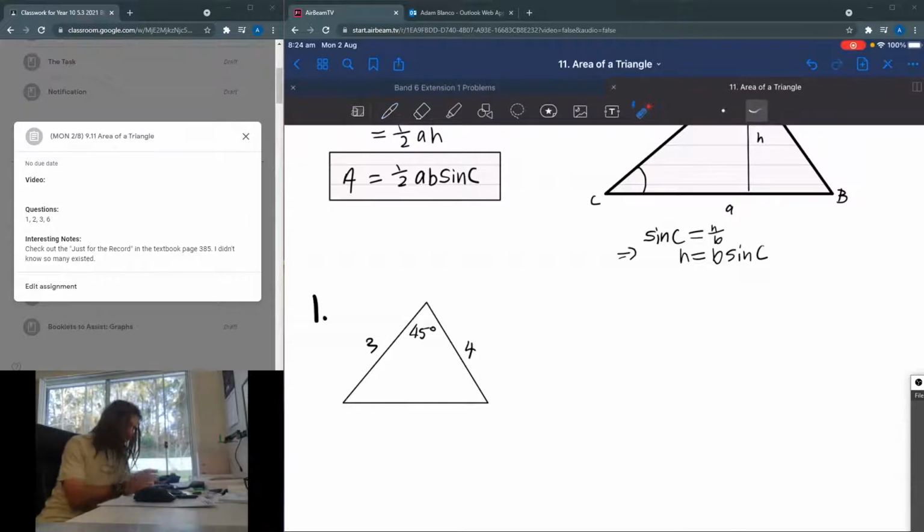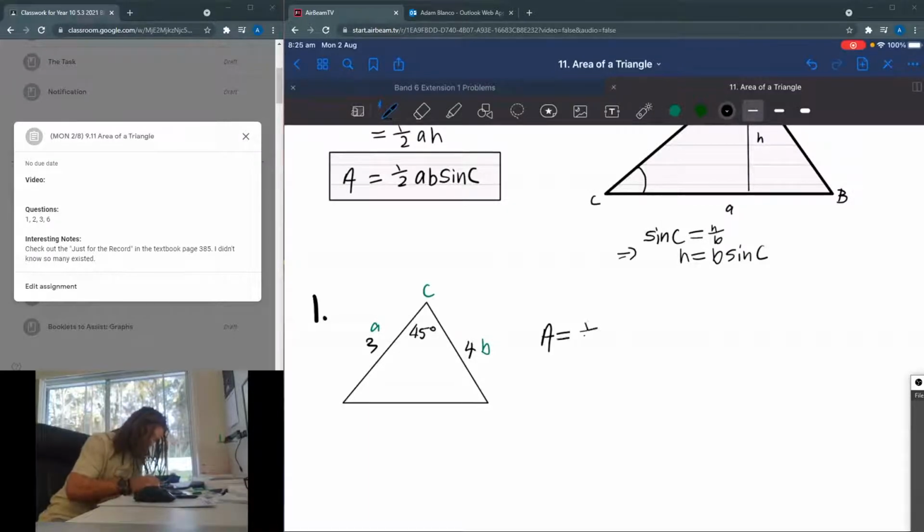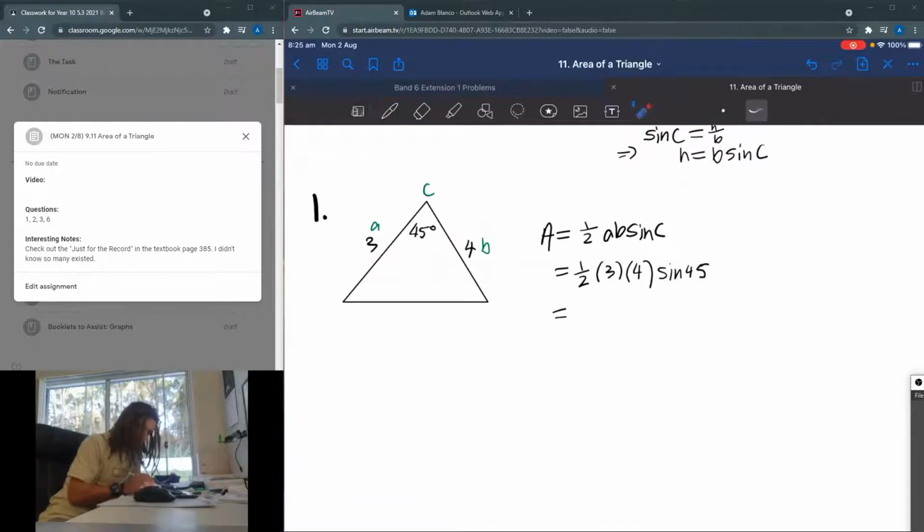In other words, what I would normally need to do is draw this so that it's got a nice perpendicular height, but I don't need to do that anymore. I'm just going to call this A, B, C. Area equals half A, B, sine C. That equals half, 3, 4, sine 45. You could just type that in the calculator, but 3 times 4 is 12, half, that's 6.